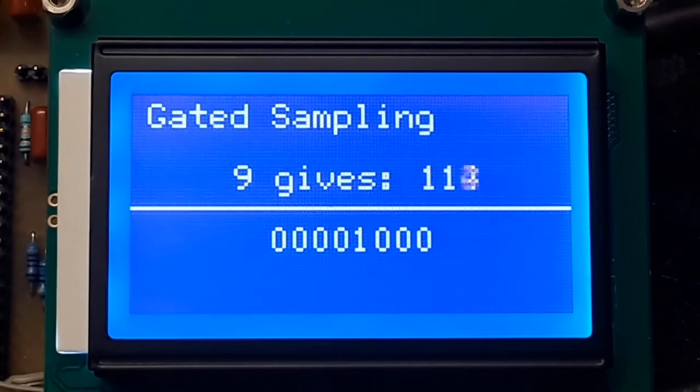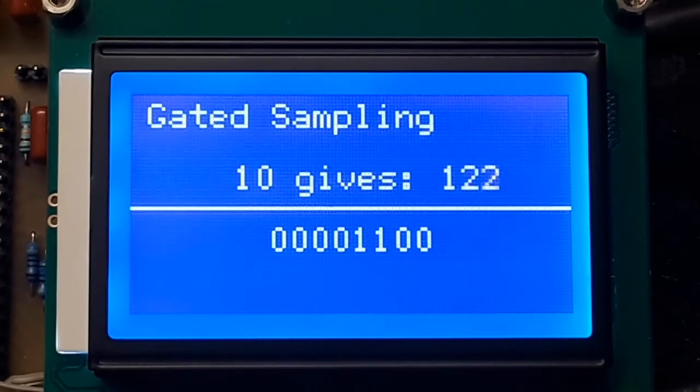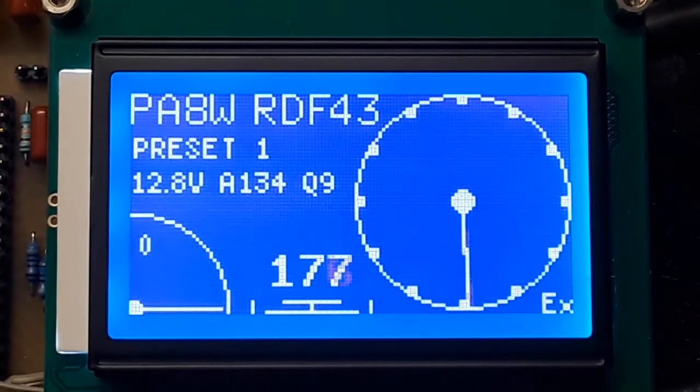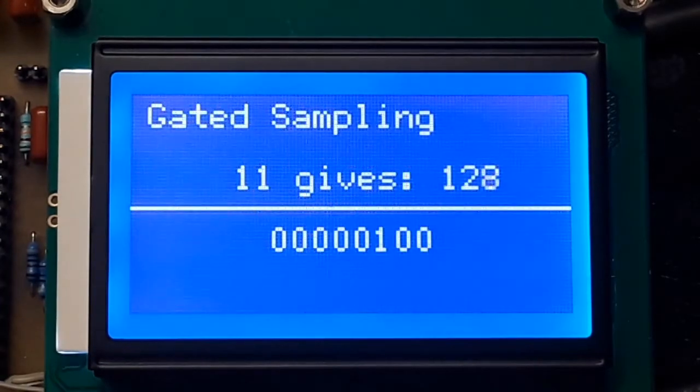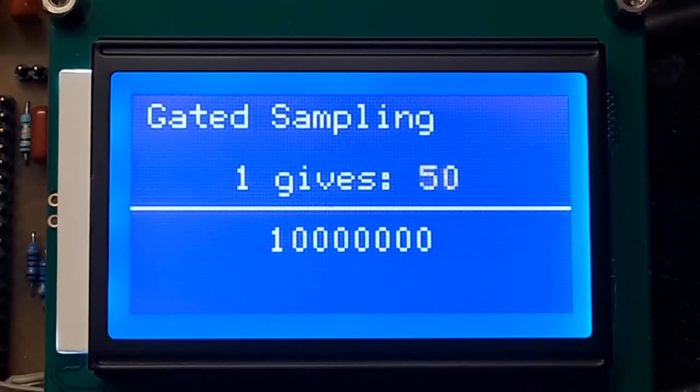So we're looking for the highest number, which is 10 or 11. 11 it is.